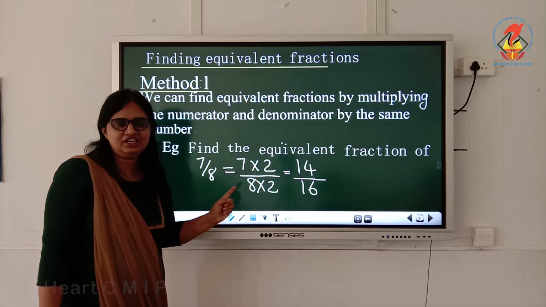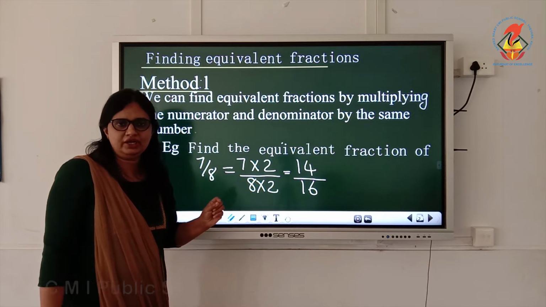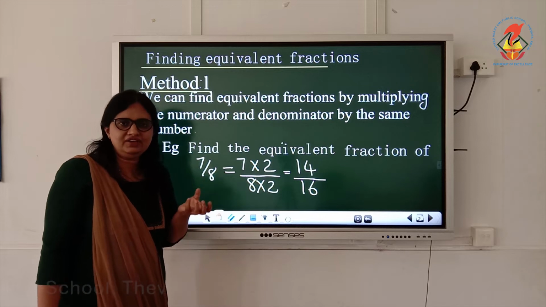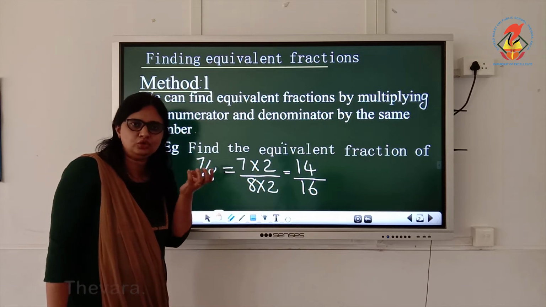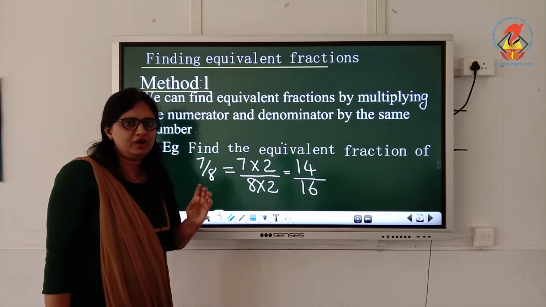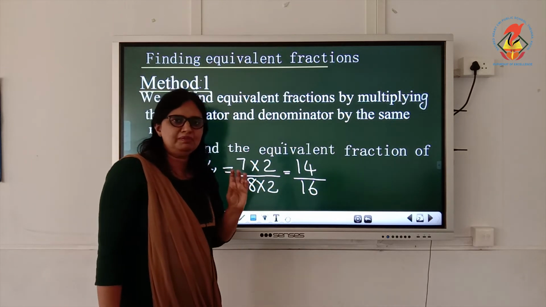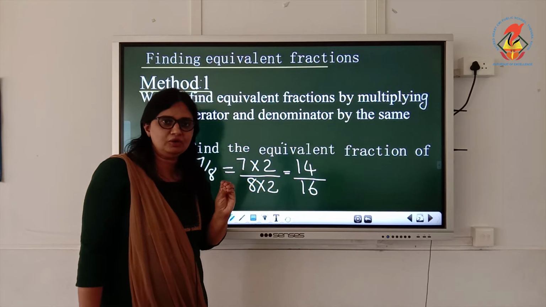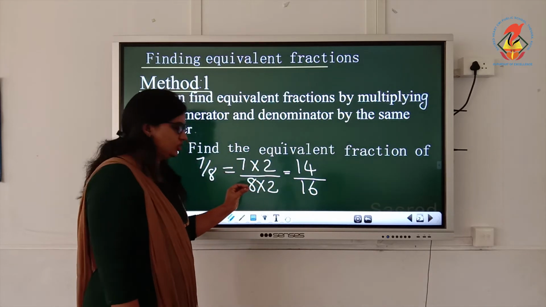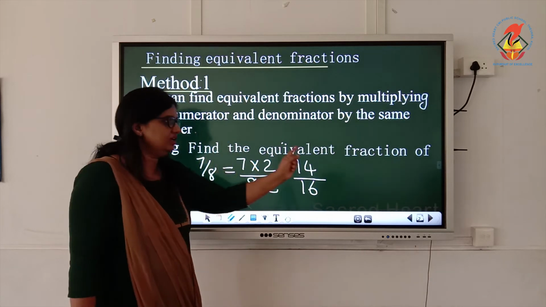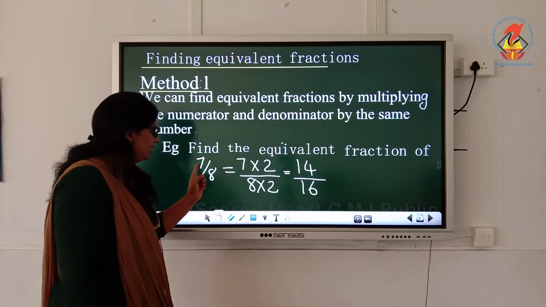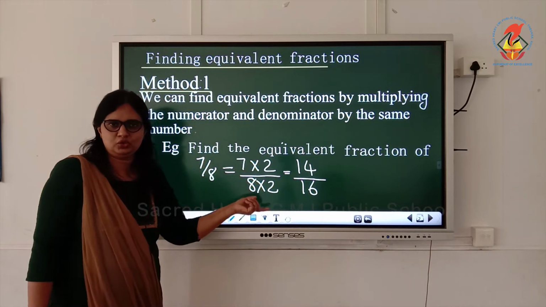Is it clear, children? How can we find the equivalent fractions of one fraction? We have two methods, method 1 and method 2. Method 1 is you multiply the numerator and denominator by the same number, and you will get an equivalent fraction. Here we need to find the equivalent fraction of 7 by 8, so we multiply numerator and denominator by 2.